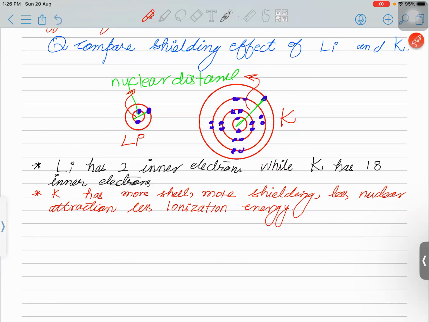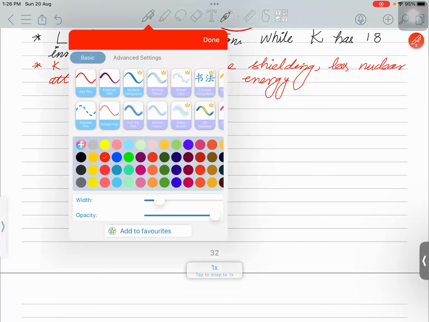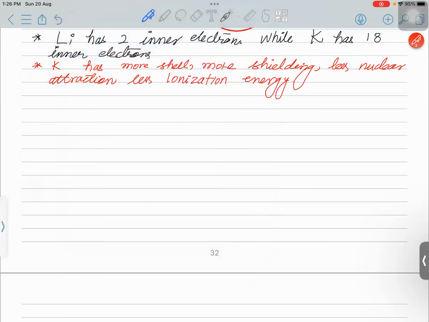Now look at the summary of ionization energy. Remember one thing, that one factor is still left, which is spin pair repulsion. So, summary.